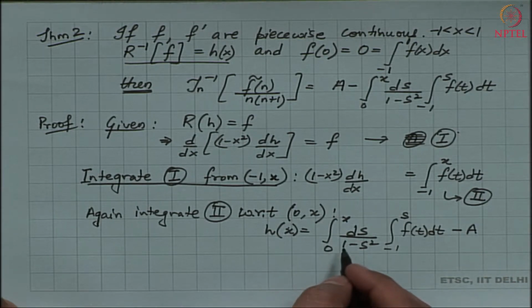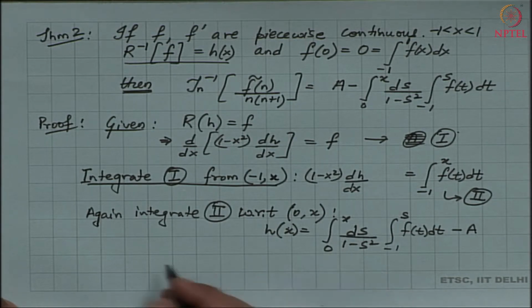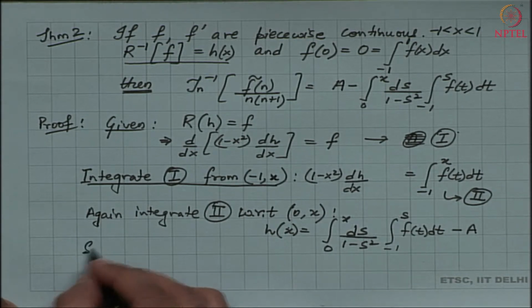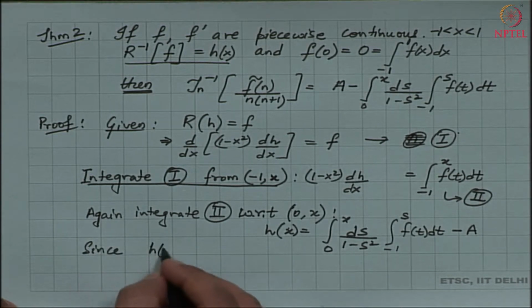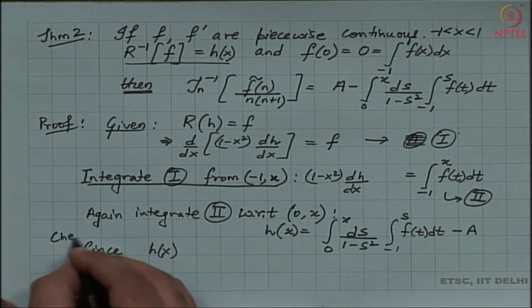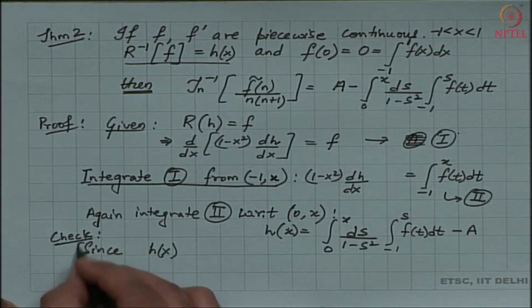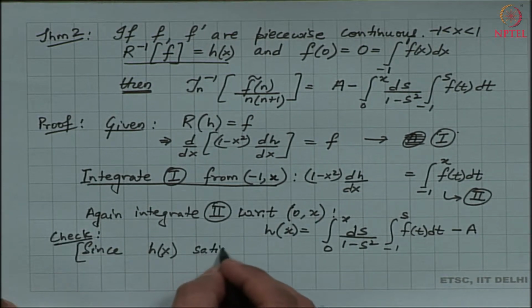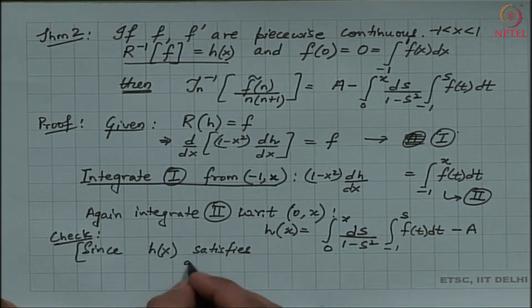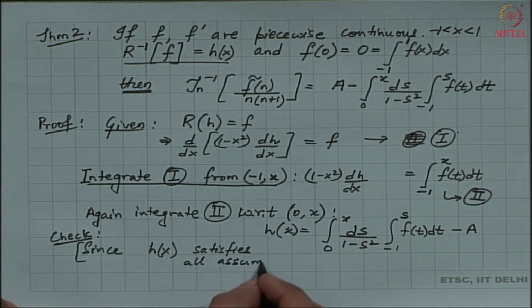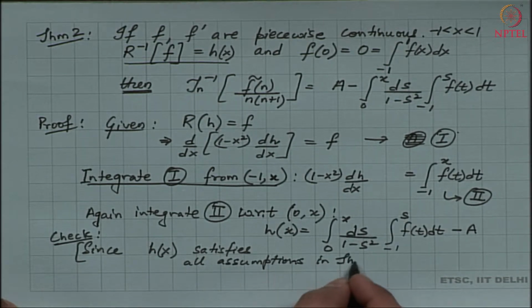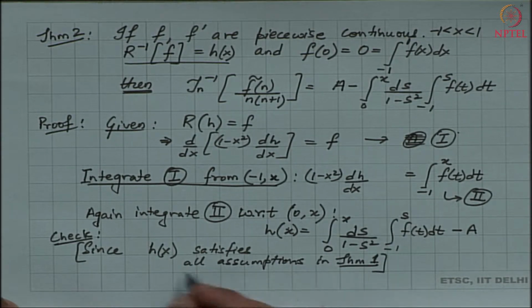So, I see that h satisfies all my conditions given in theorem 1. This needs to be checked, and it is quite easy to check, that h of x satisfies all assumptions listed in theorem 1.